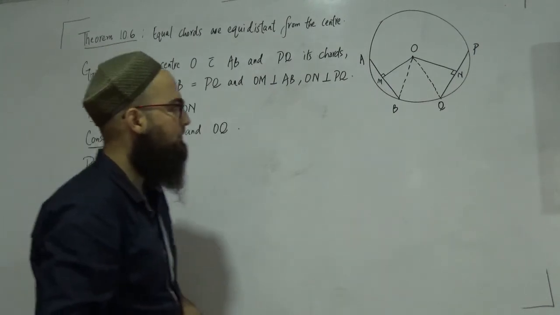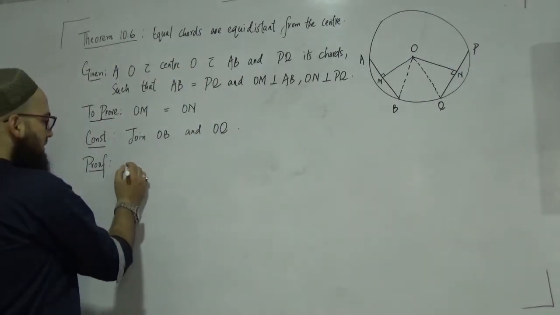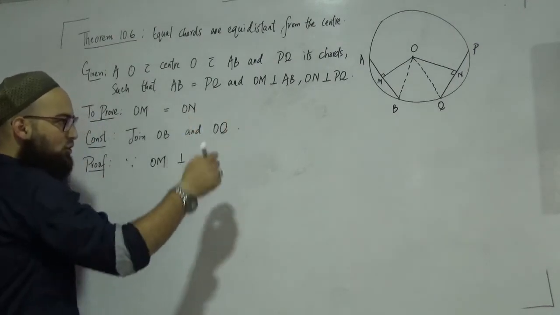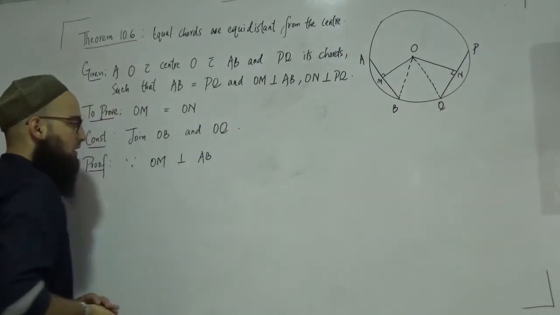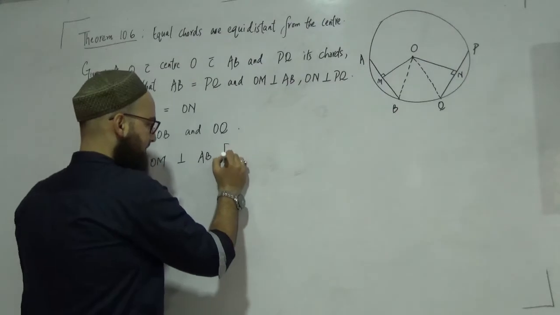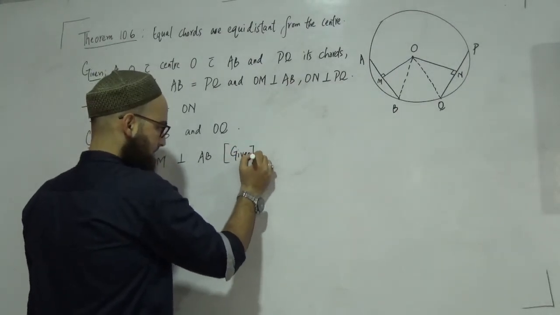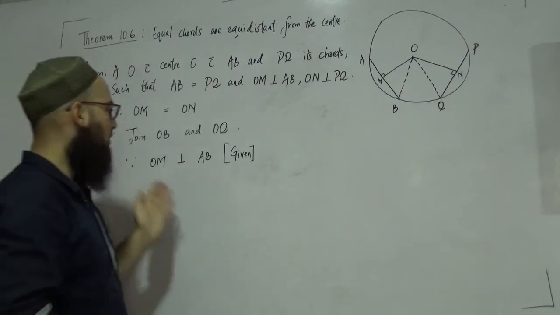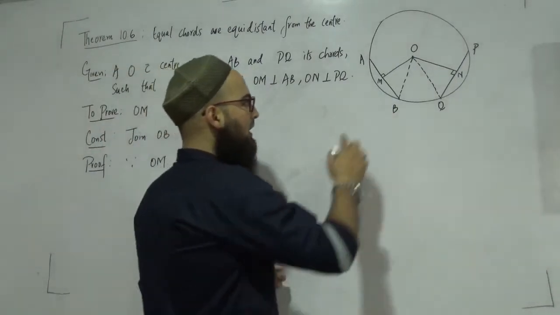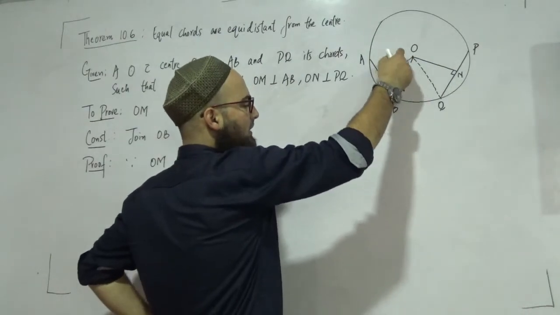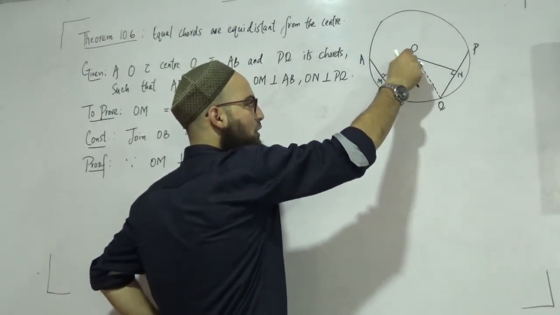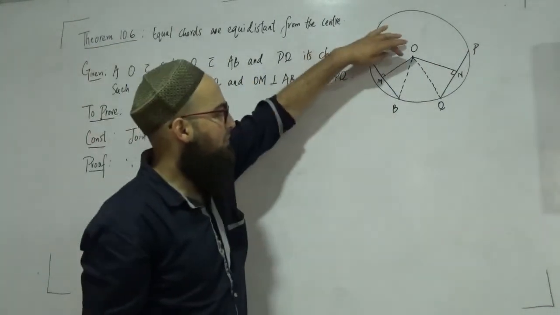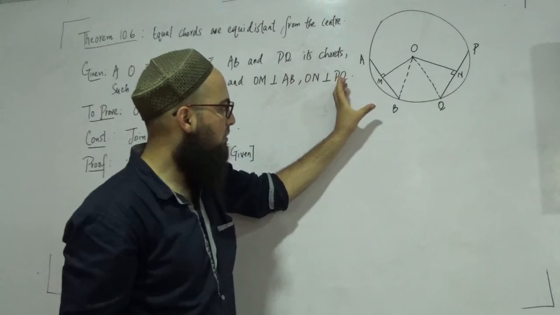First of all, since OM is perpendicular to AB, it's given. We just proved in Theorem 10.3 or so that a perpendicular drawn from the center of a circle to the chord bisects the chord. So this is a perpendicular from the center to the chord, it will bisect the chord.